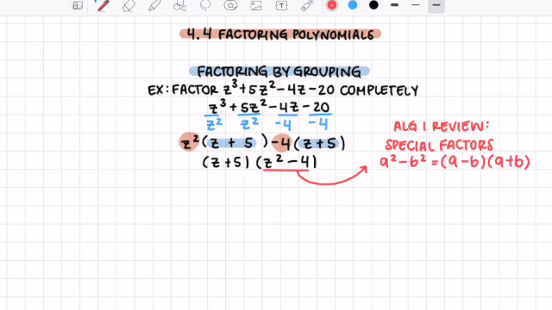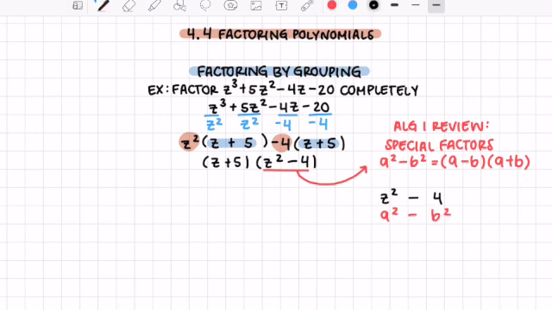So from here, if you can see that for both terms, for example, the z squared and the 4, they're both able to square root, which it seems possible for me to square root both of them. Then that means that we can use the formula a squared minus b squared.